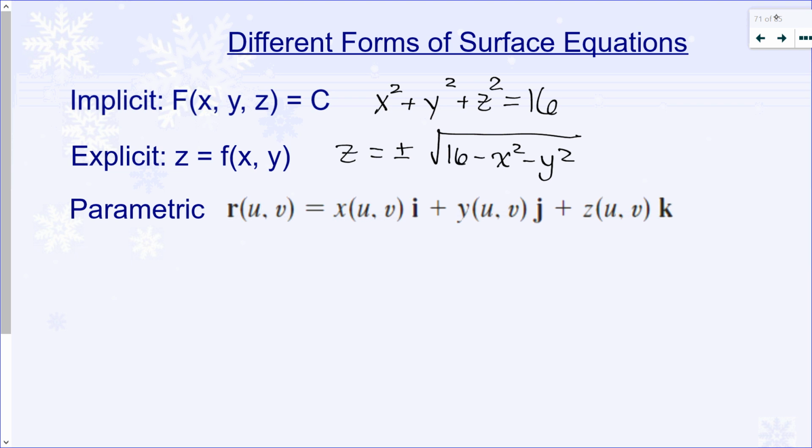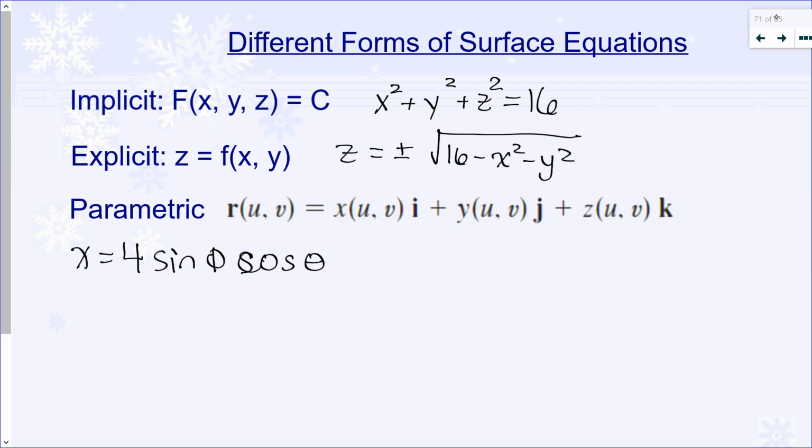Because this is a sphere, I'm going to think of this in terms of spherical coordinates. Because it's a sphere, I'm going to define rho to be 4, because rho is defined as the distance from the origin to our surface. So if I define rho to be 4, then x would be 4 sine phi cosine theta.